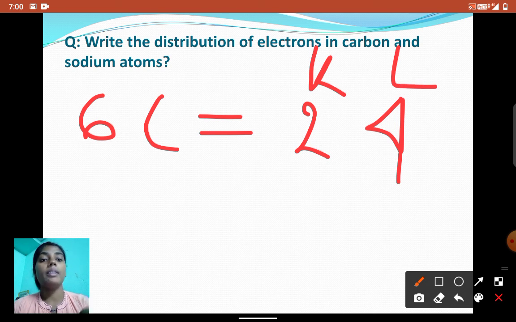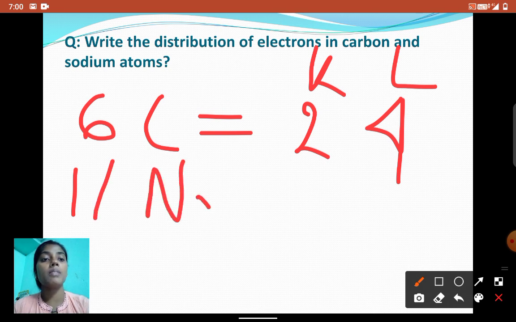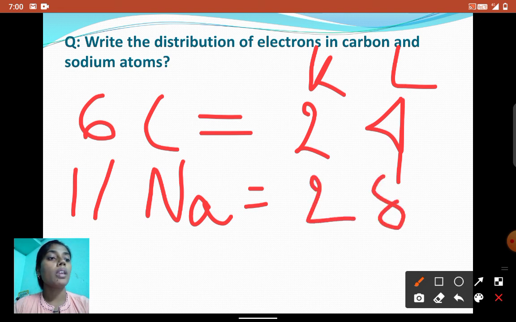And sodium has atomic number 11 and atomic symbol Na. This is 2, 8, and 1. 2 is the maximum number of electrons in the K shell and 8 is the maximum number in the L shell, and the M shell of sodium has 1 electron.